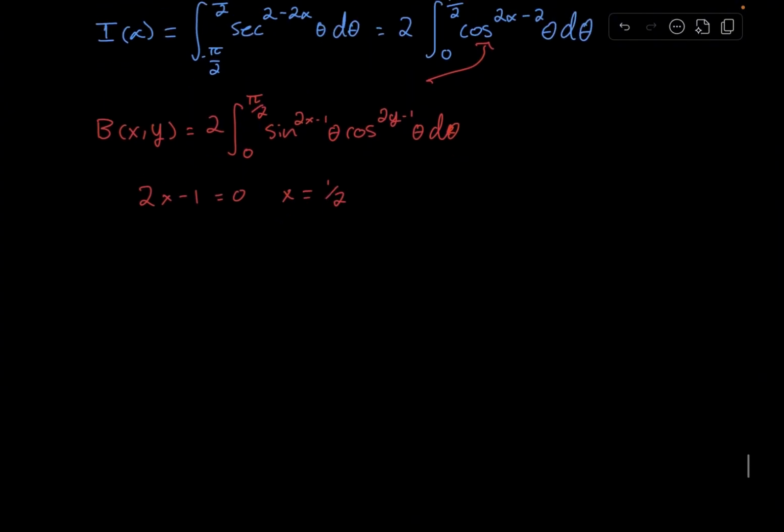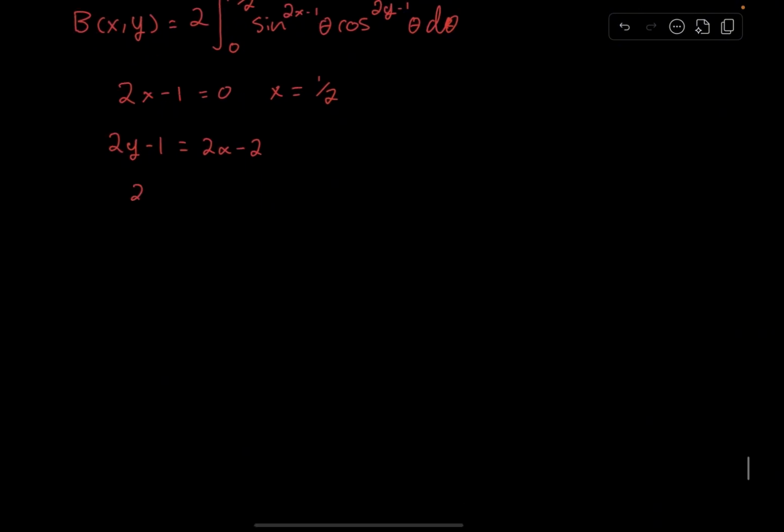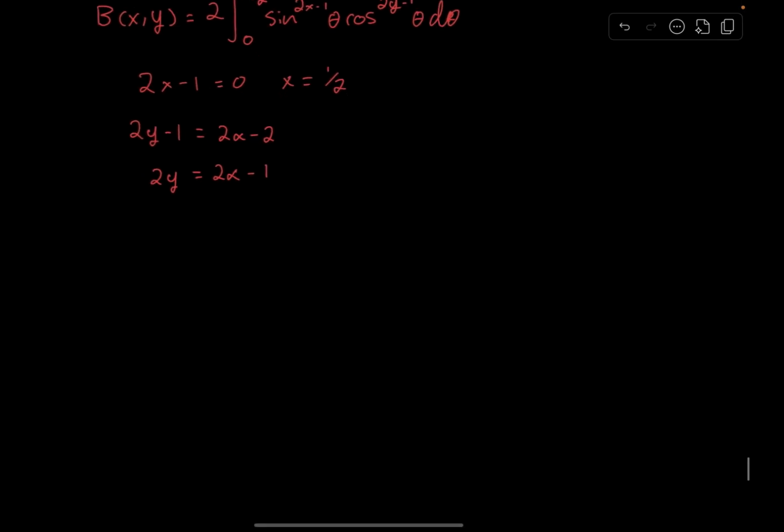And we need 2y minus 1 to be equal to 2 alpha minus 2. So if we add 1 to both sides, we'll get 2y equals 2 alpha minus 1. Divide by 2, we'll get y equals alpha minus a half.